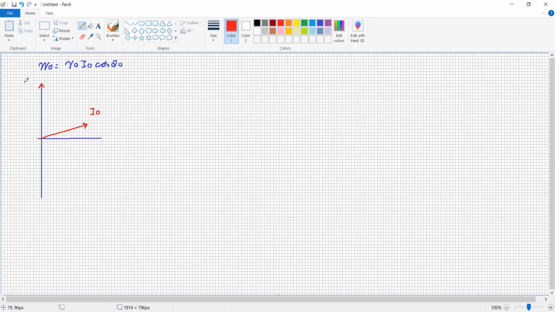This is V1, and this is the flux phi, which is lagging, and here is the voltage E1 and E2. This is the no load condition, and this will be the vector diagram. This no load current has two components. The component in phase with the voltage makes an angle theta 0. This is lagging at a large angle because under no load condition, the angle is large.